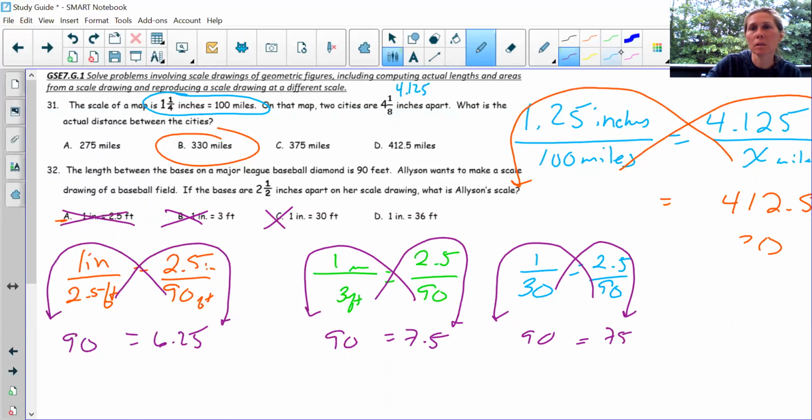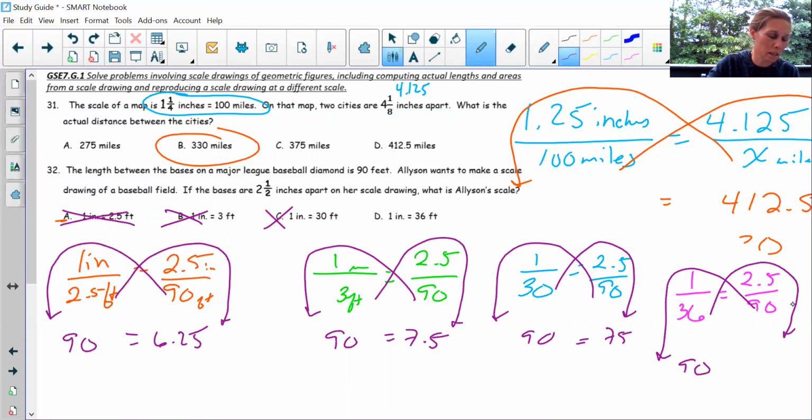All right, lastly, 1 over 36 feet, and I've got 2.5 over 90. Let's see if it works. 90 times 1 is 90. 36 times 2.5 gives me 90. Those two are proportional. So what is the scale drawing? A scale drawing is 1 inch to 36 feet.